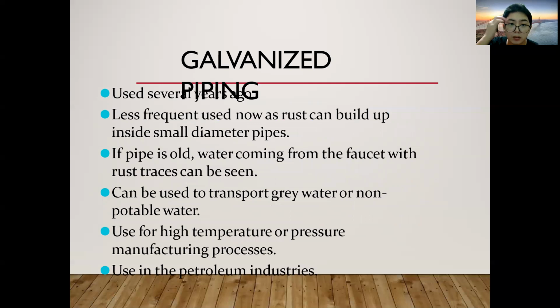The next is galvanized piping. It was used several years ago and is less frequently used now, as rust can build up inside small diameter pipes.